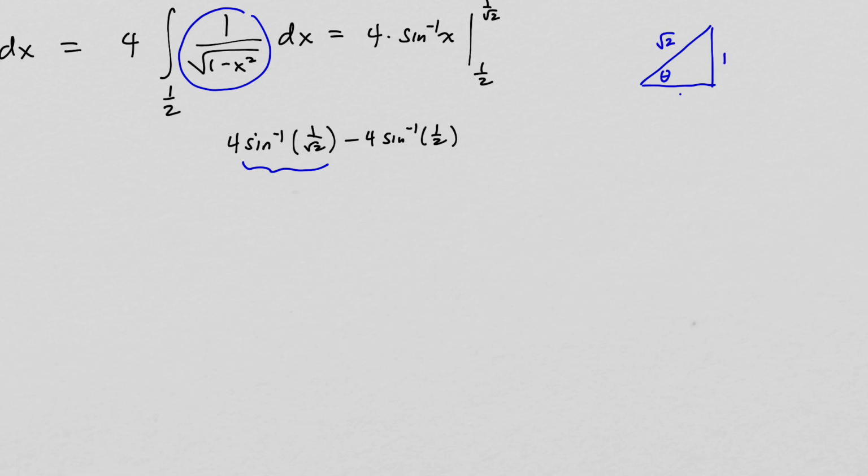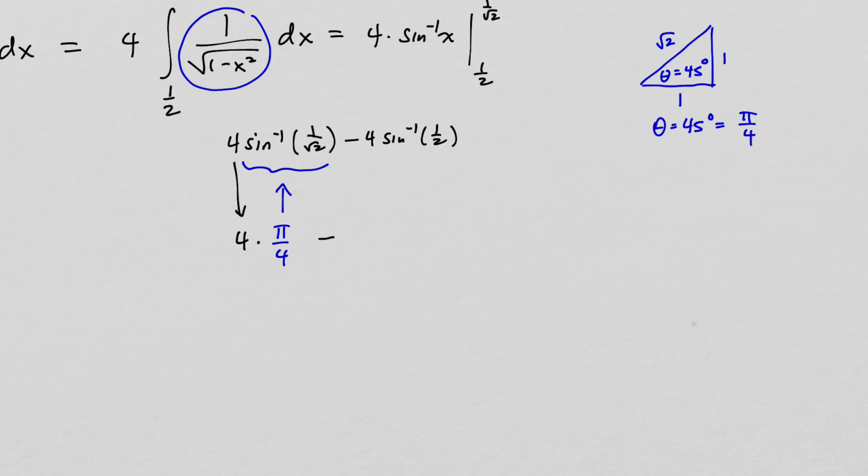And that makes this other side 1 by the Pythagorean theorem. And when you see this triangle, you should recognize that theta here is 45 degrees. And of course, 45 degrees is the same as pi over 4. So this value here is pi over 4. And then don't forget, it's being multiplied by 4.